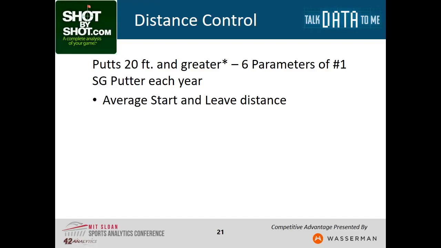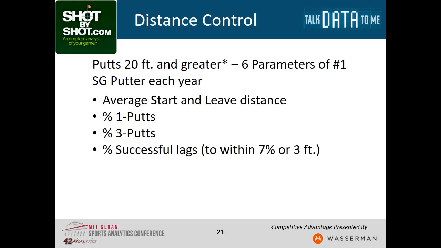And they are average start distance, average leave distance. That's simple. Percentage 1 putts, percentage 3 putts. And then successful lags. I came up with an algorithm that a successful lag putt is to within 7% of the original starting distance, or 3 feet.